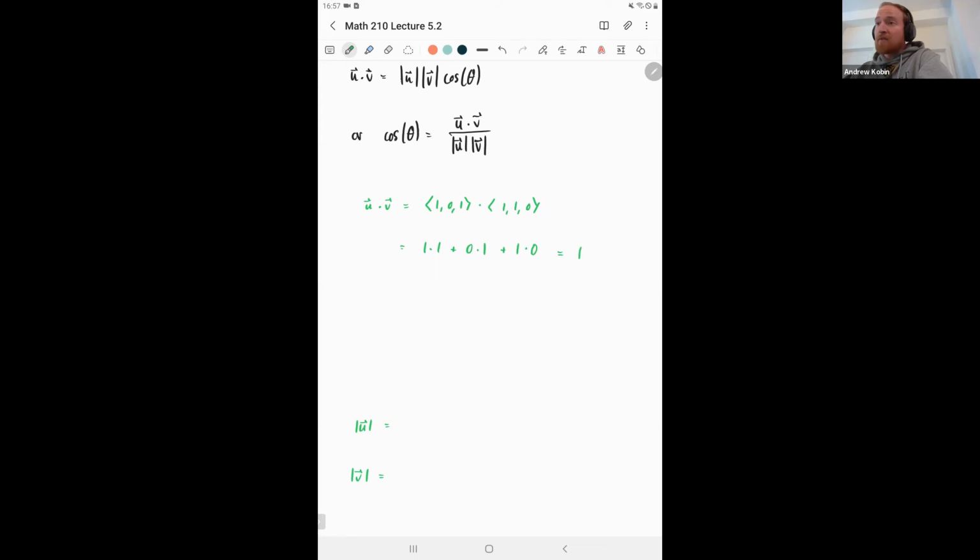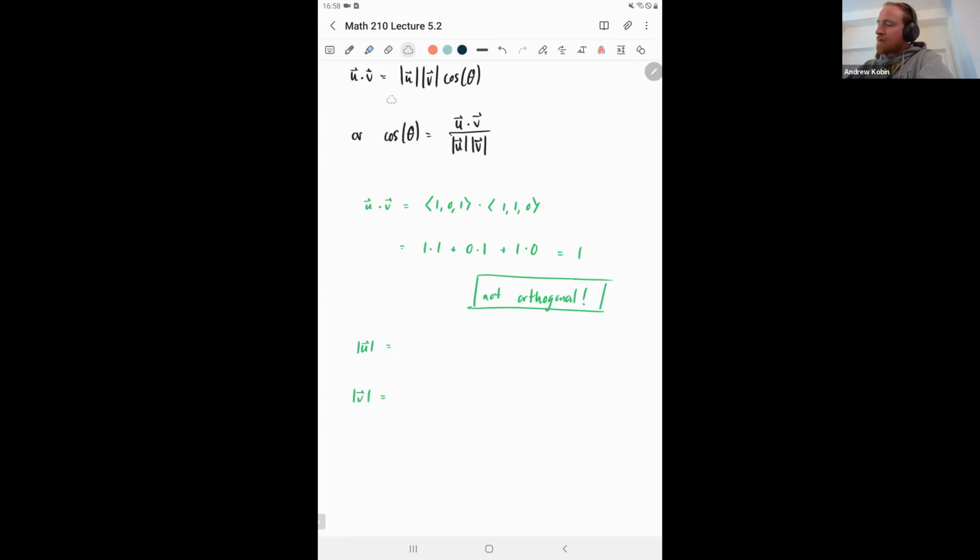So the dot product between these two vectors is 1. First of all, these are not orthogonal vectors. We just learned that because if they were orthogonal, they'd have to have a dot product of 0. So we know they have to have some angle that's not a right angle between them.